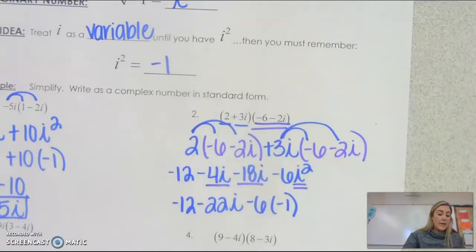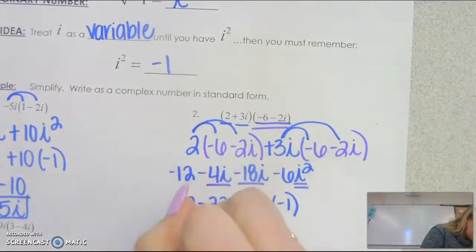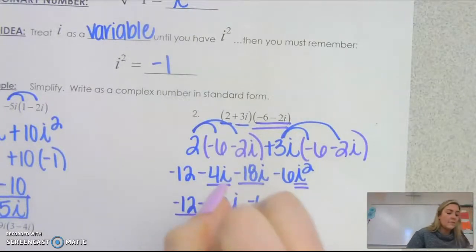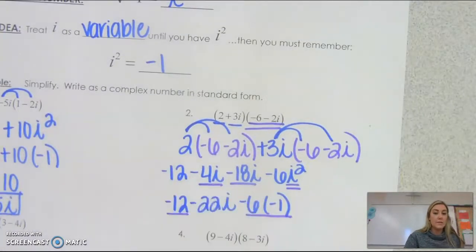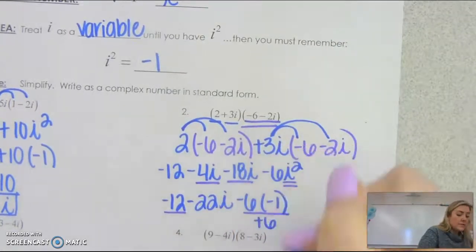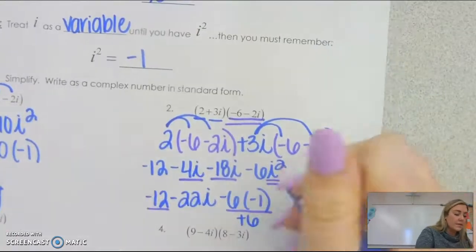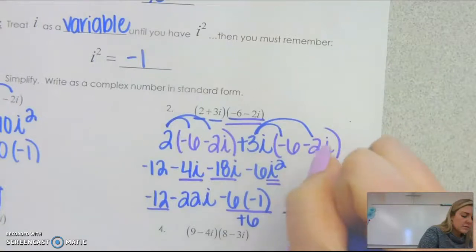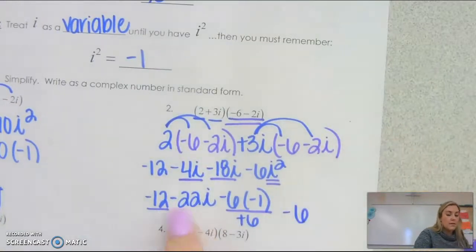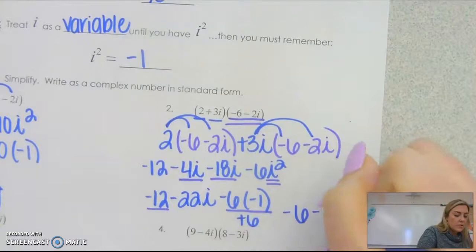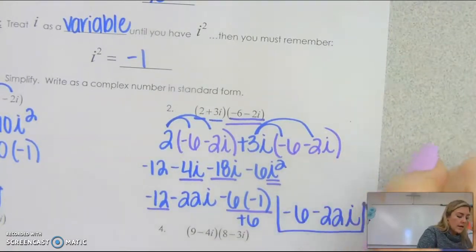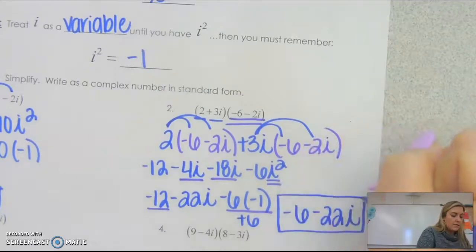Now I need to, again, add a set of like terms. So I have -12 and -6 times -1, which turns into +6. So I'm going to combine my like terms. -12 plus 6 is -6. And then bring in my -22i. And that is my final answer for that one.